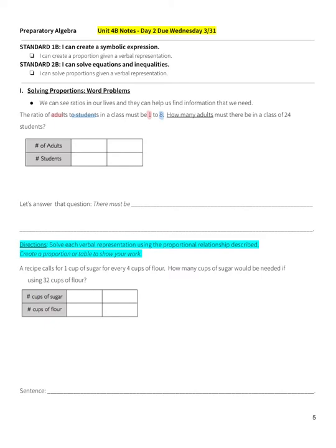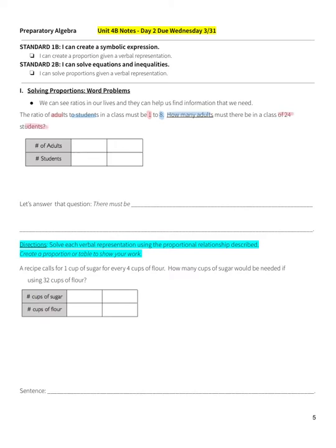Okay, now it's asking how many adults must there be in a class of 24 students. 24 students. So it's saying how many adults.